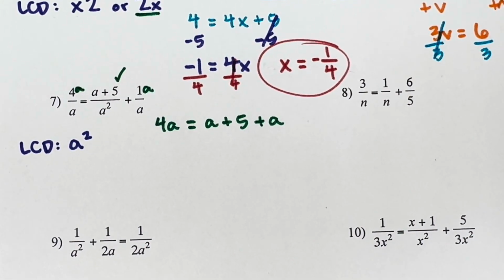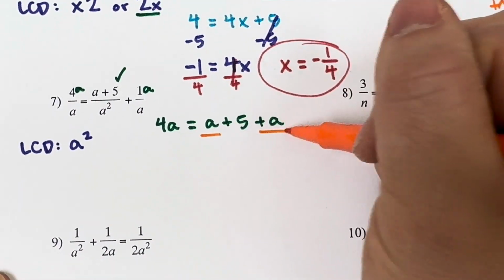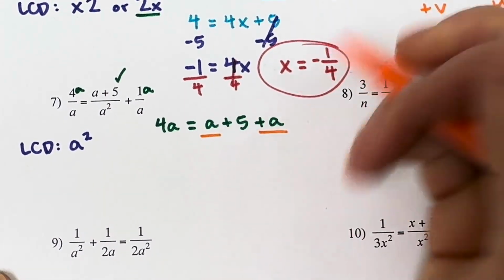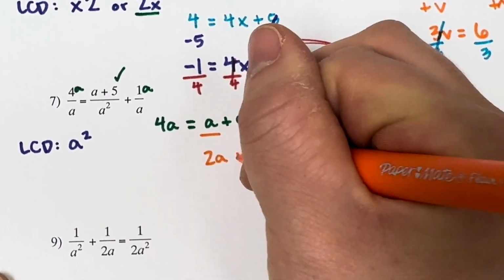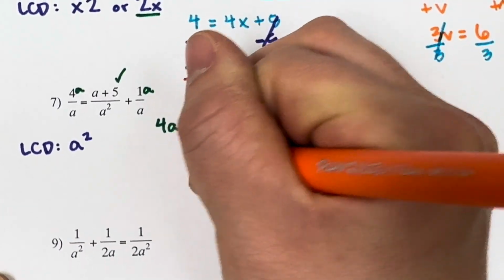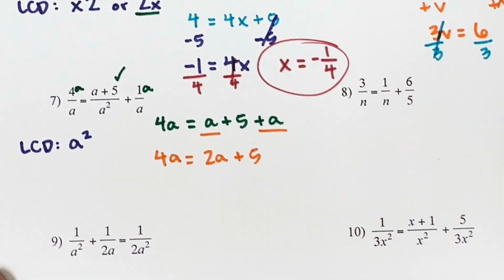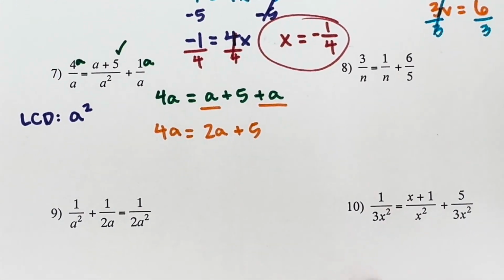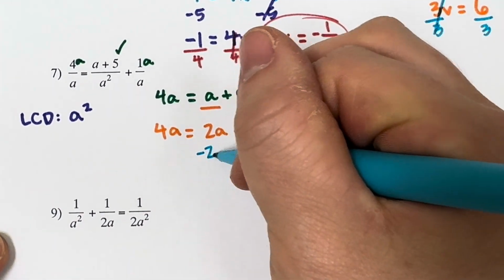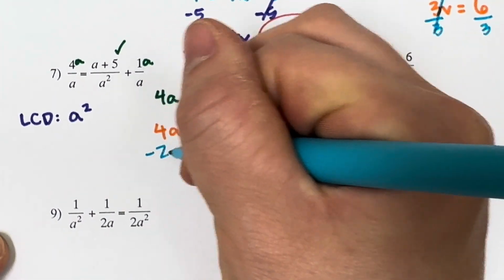So a couple things we need to do here. I see some a's on this side that I'm going to combine. 1a plus another 1a gives me 2a, so that turns into 2a plus 5 on this side equals 4a on that side. Now I need to move all my a's to one side. I'm going to move the smallest amount, which is this 2a, and do the opposite, subtract 2a.